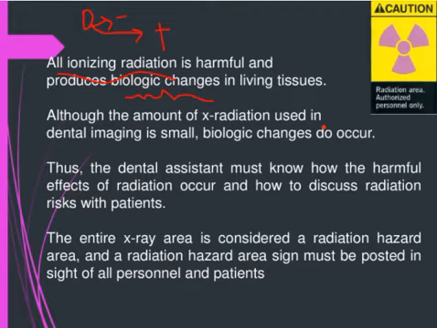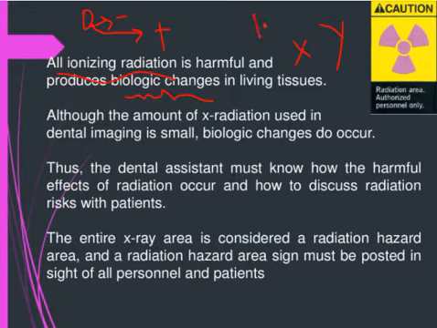in the tissue. For example, there is a person X and another person Y. X works in a dental clinic in which there is no radiation protection, and Y works in a dental clinic where radiation protection and safety measures are ensured. What happens when X is working in this radiation unit for, say, 1 year?